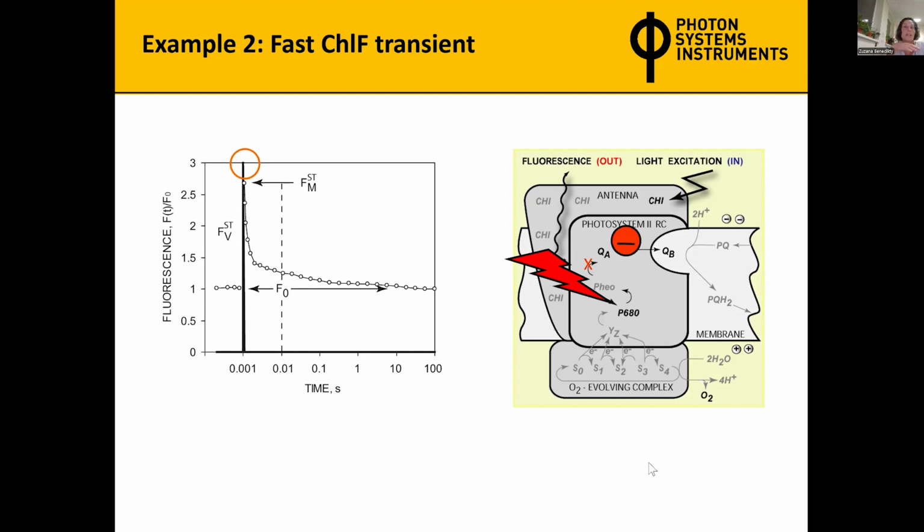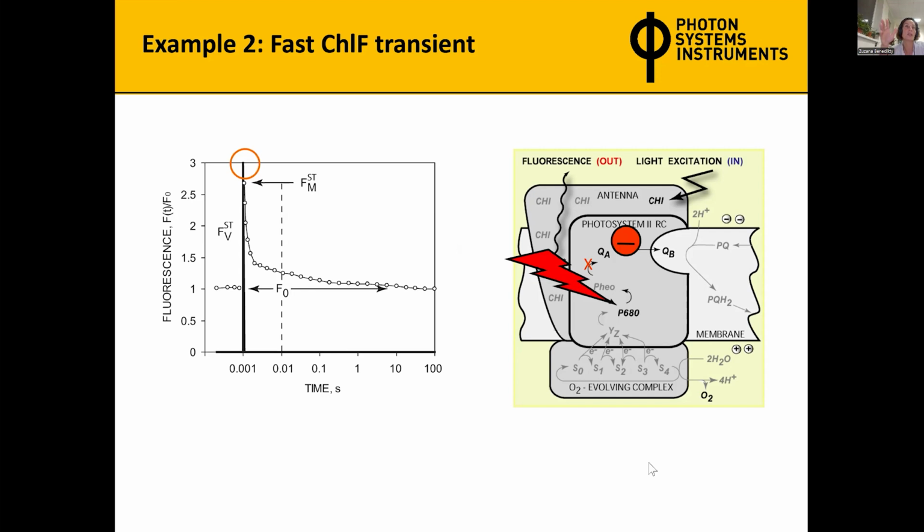All reaction centers are simply reduced. All QA is simply reduced. So at this point, even if you get more light, you cannot do more photosynthesis. The photosynthetic machinery is simply oversaturated and all transporters are reduced.